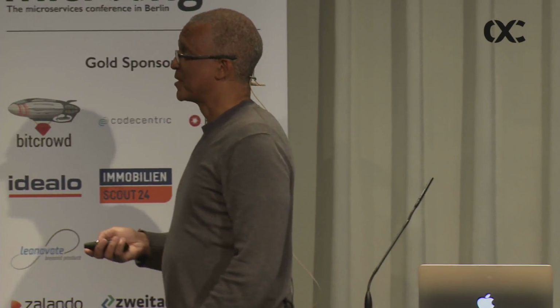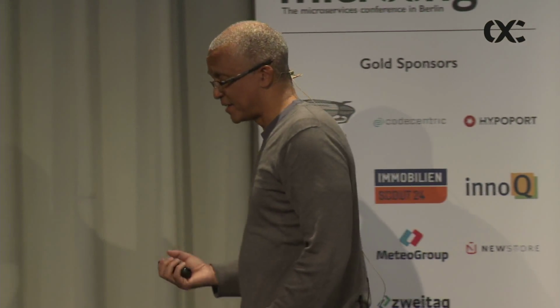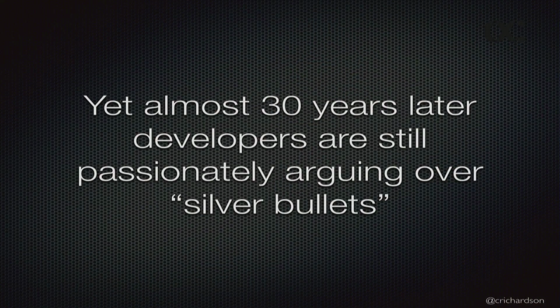But that was a long time ago, right? And yet 30 years later, developers are still arguing passionately about their favorite silver bullets, absolutely convinced that if you adopt such and such a technology, it will give you a massive boost in productivity.